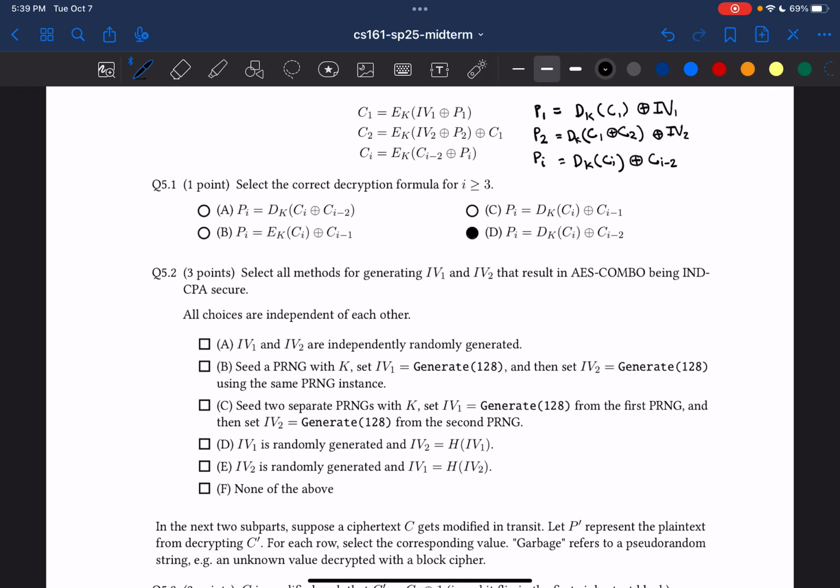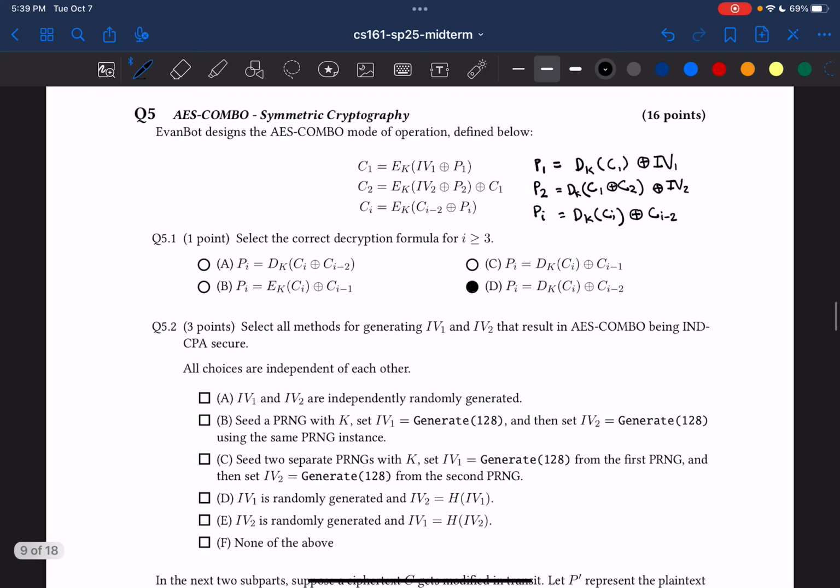The first choice is where IV1 and IV2 are independently randomly generated. By looking at the encryption formulas, we can see that this i minus 2 creates some interesting behavior. All odd values of i are an independent entity from all even values of i.